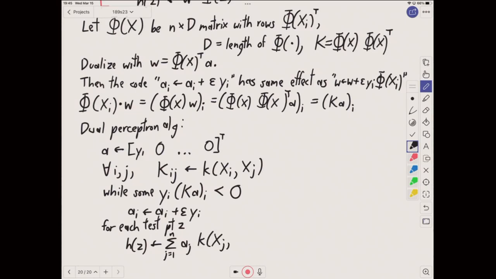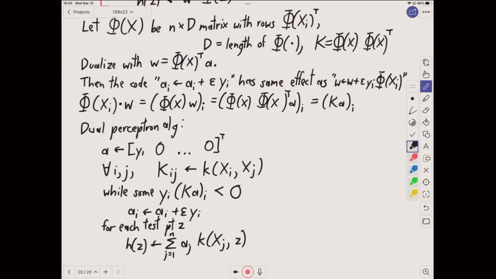So this part hasn't changed at all from ridge regression. Except, well, what you really want is the sign of this. You want to return the sign. That tells you what class you pick. But this is the actual value. So there's our dual perceptron algorithm.